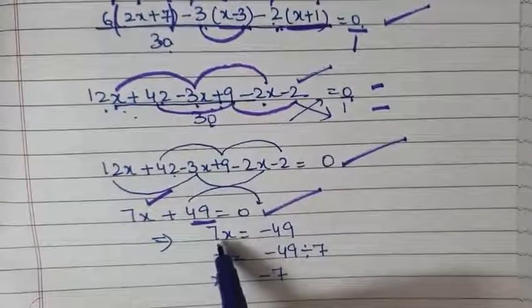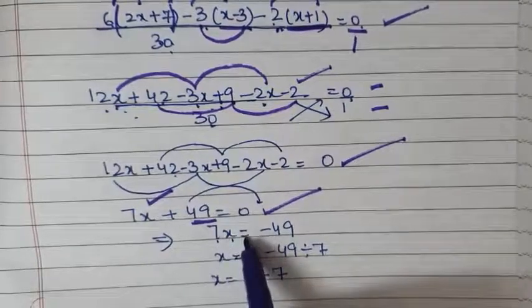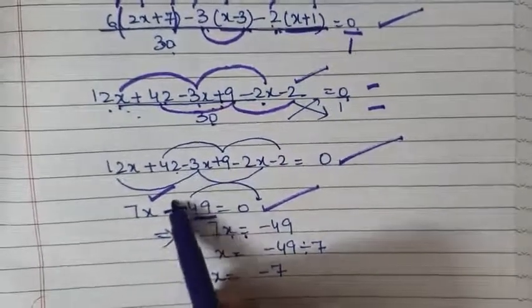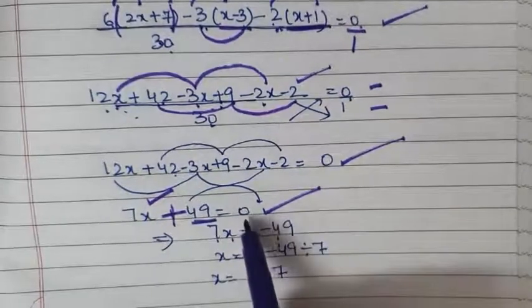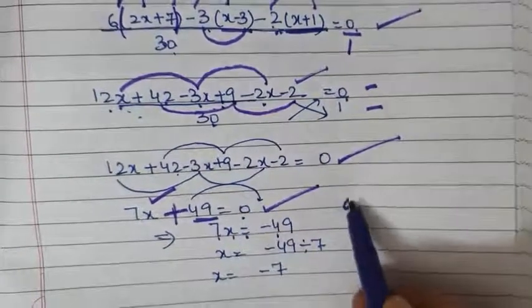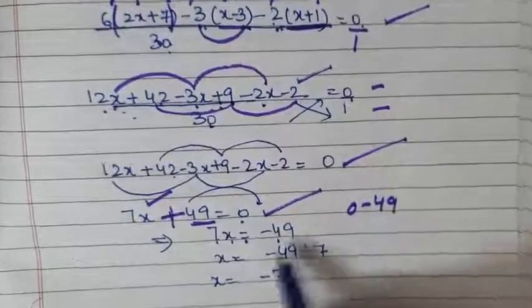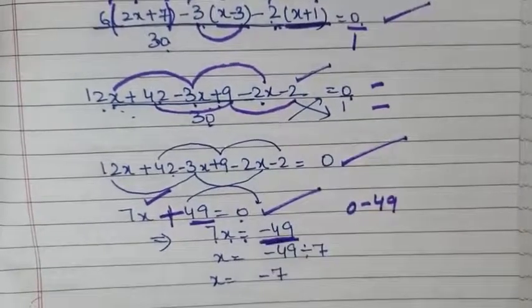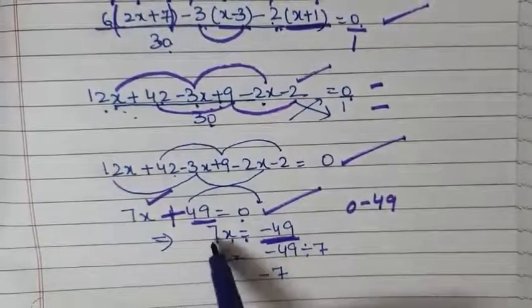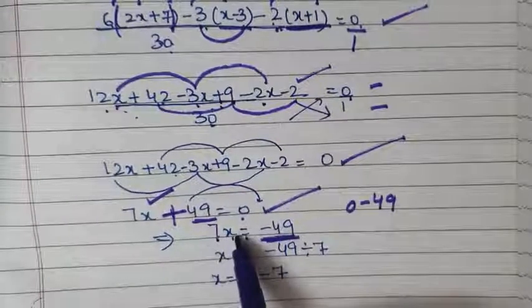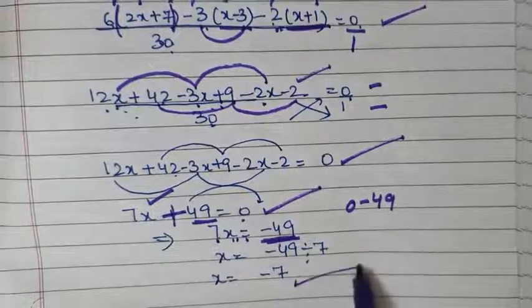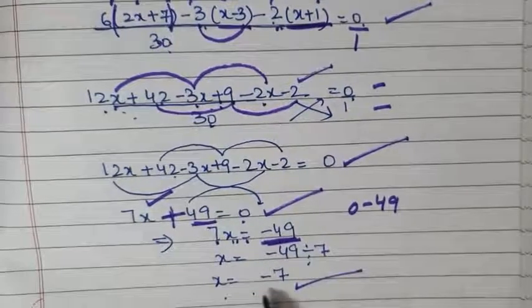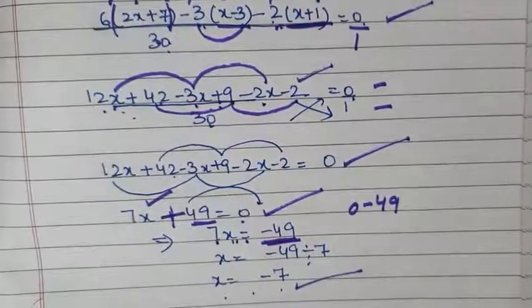So we get 7x is equals to, now 49 is plus here, so it will get negative. Here it was 0, so 0 minus 49 is minus 49. So we get, now 7 is multiplying here, it will get divided. So what we get? x is equals to minus 7.